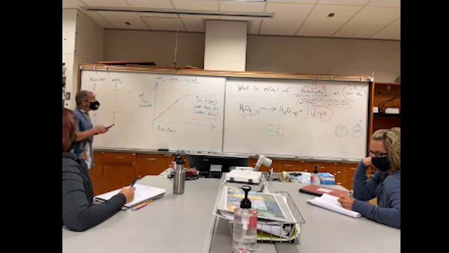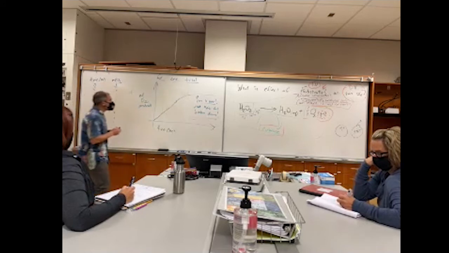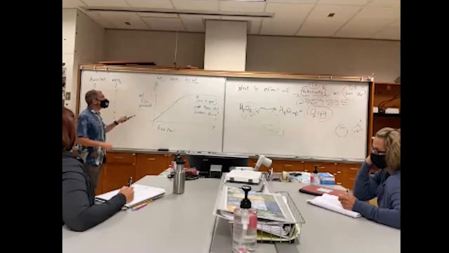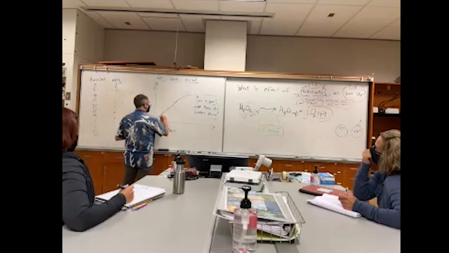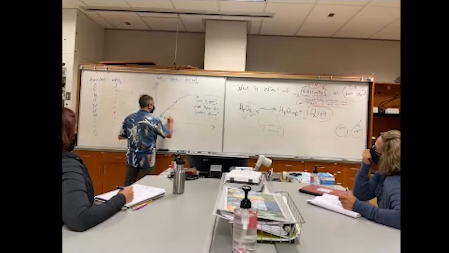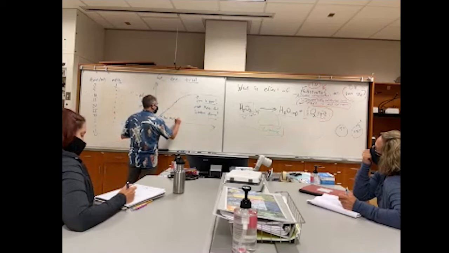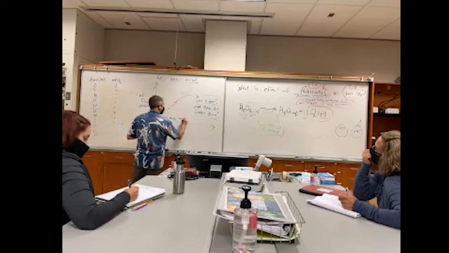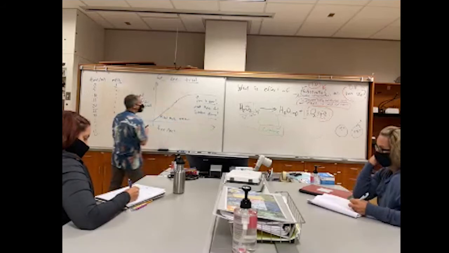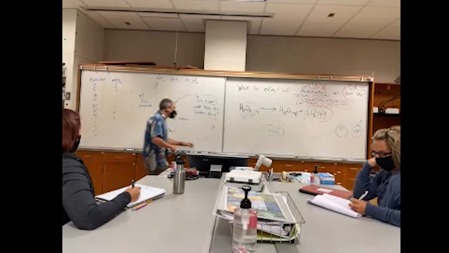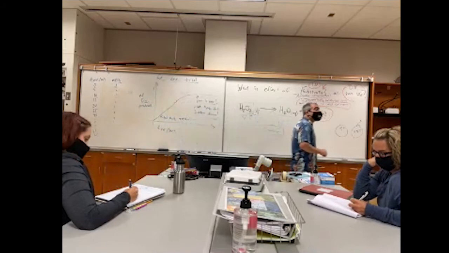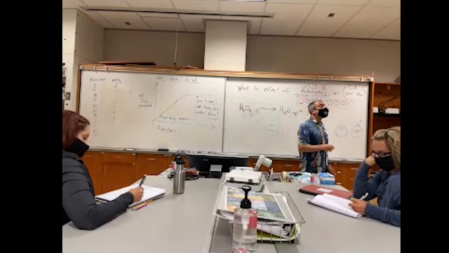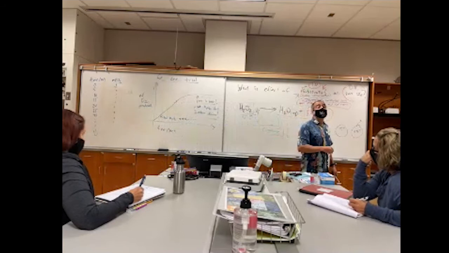So what we're going to do is run a reaction. Let's say this is with 1 mL of hydrogen peroxide and 4 mL of water. I can run the reaction again, except now I'll use a more concentrated substrate.